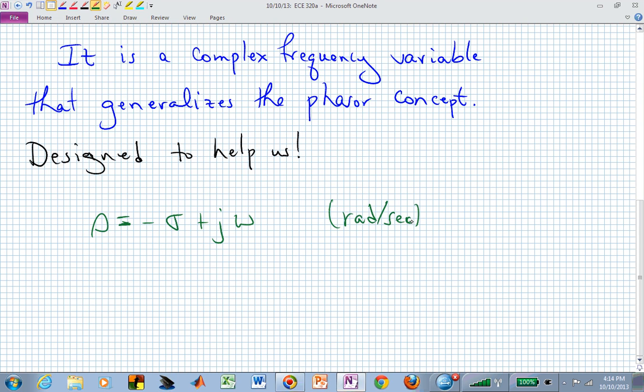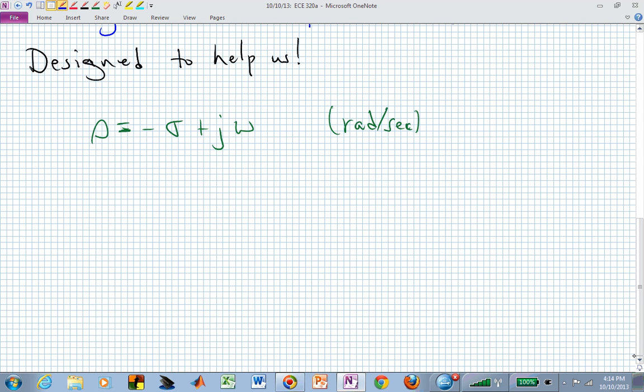And again, this is a frequency variable, so we could give it the units of radians per second. Let's look at what we can actually build from this complex frequency variable s, which is made up of two parts, a real part minus sigma and an imaginary part, j omega.